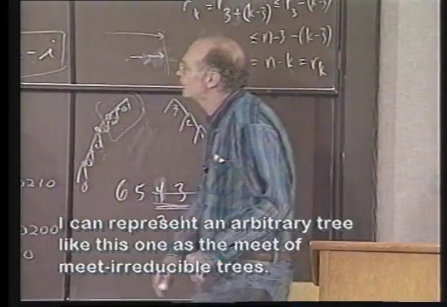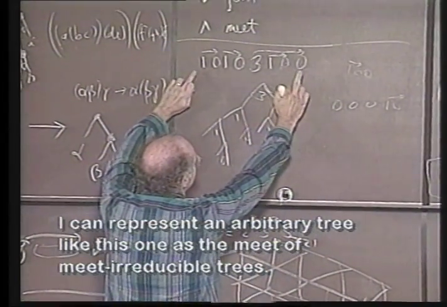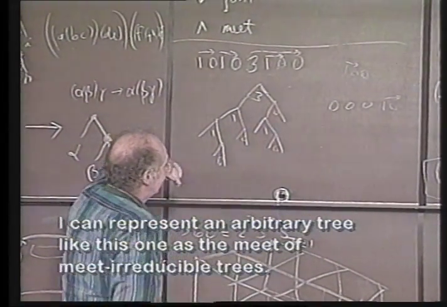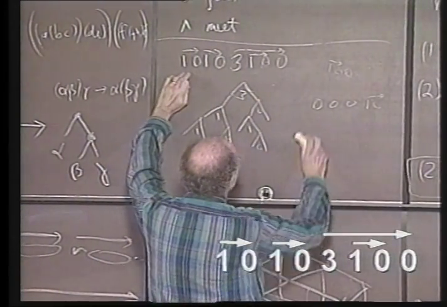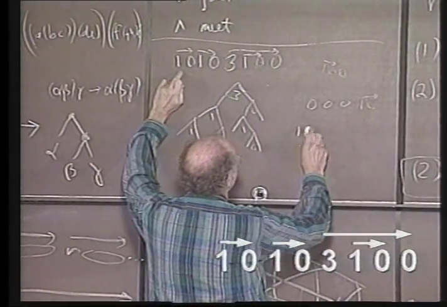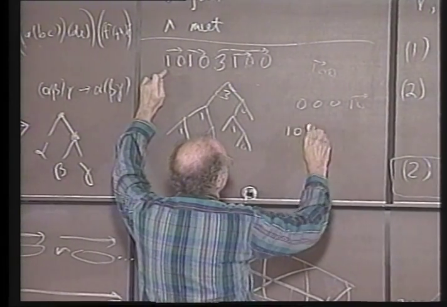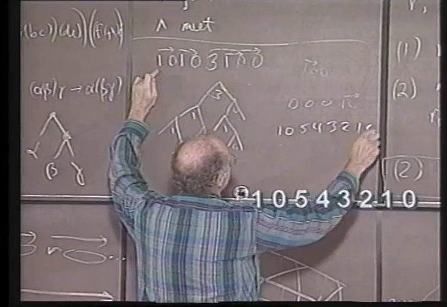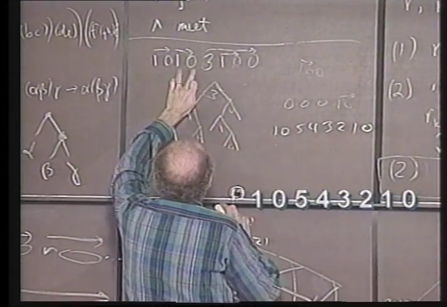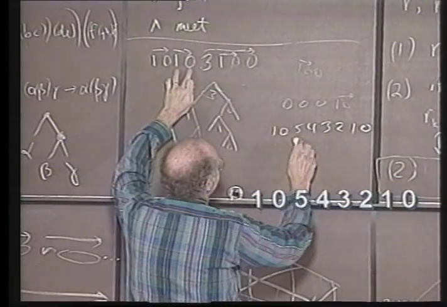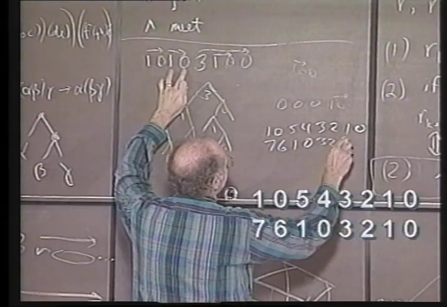And so I can represent an arbitrary tree like this one as the meet of meet irreducibles. So the prime factors of this tree, in a sense, are the things I would get by zapping. I could take 8, 7, 6, 5, 4, 3, 2, 1, 0, and then here I zap, so this gives me 1, 0, 7, 6, 5, 4, 3, 2, 1, 0.